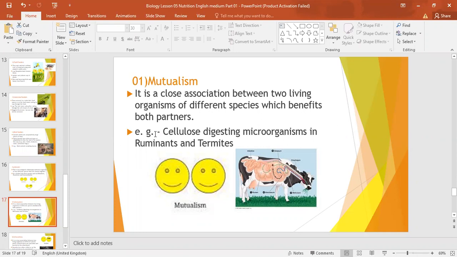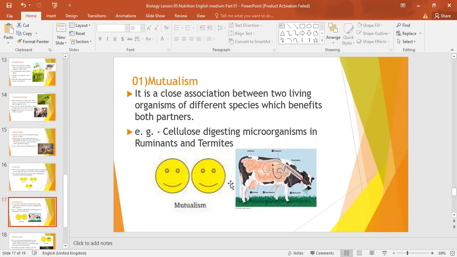Ruminants are cows, goats, and like animals. When these microorganisms live in their alimentary canal, what is the benefit to the cow? Their food is digested by these microorganisms. That is the benefit for one organism. Their food is easily digested.